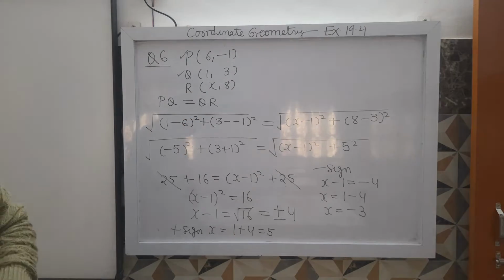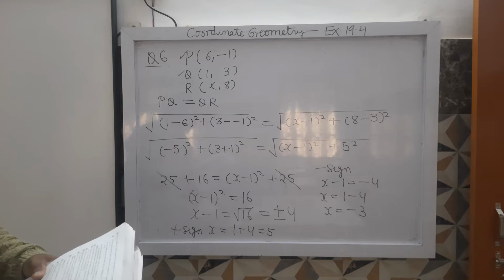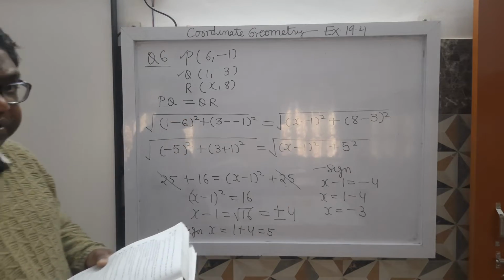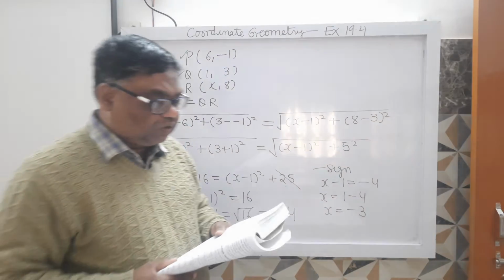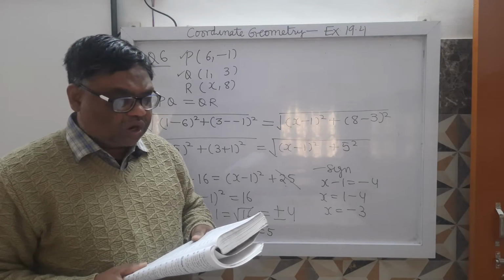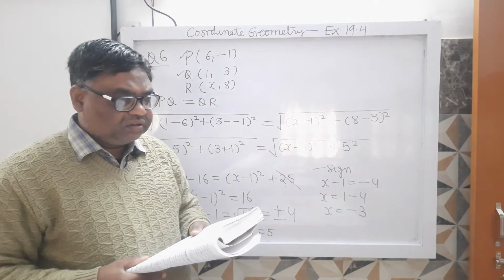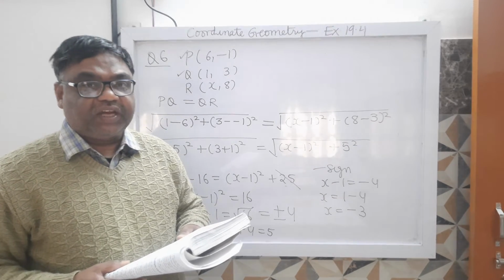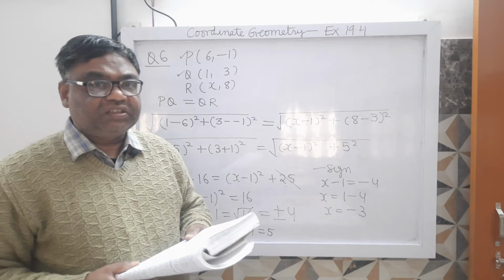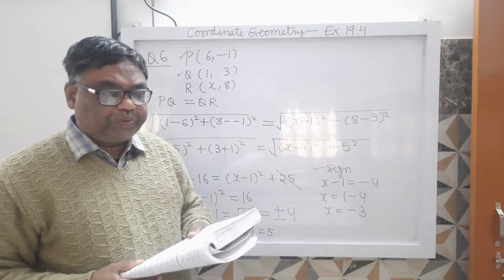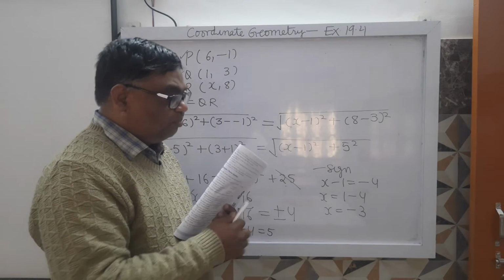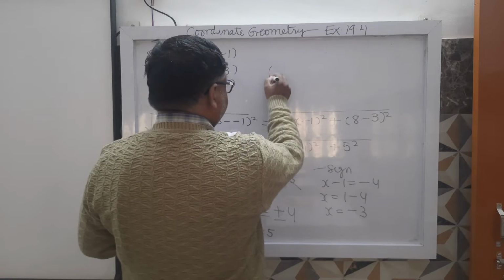Now you can see the next question, question number 7. Question number 7 is also similar to question number 6. Coordinate of Q is given 0 comma 1 and it is given that it is equidistant from P and R. Means the distance of Q from P is the same as the distance of Q from R. Means which two are equal?